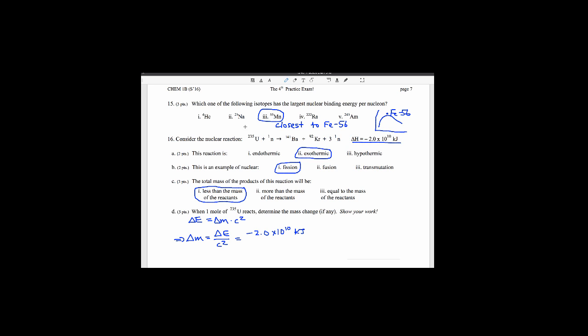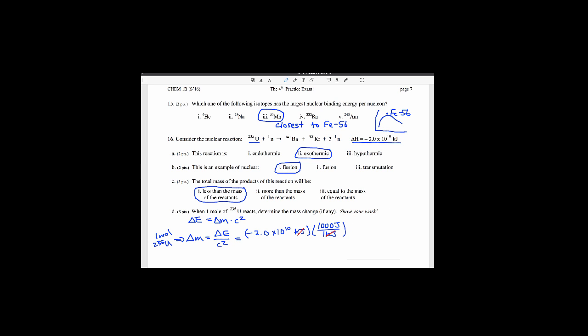So this number of kilojoules is if 1 mole of uranium-235 undergoes reaction. To do our calculation, we're going to want to convert kilojoules to joules. So 1 kilojoule is 1,000 joules.